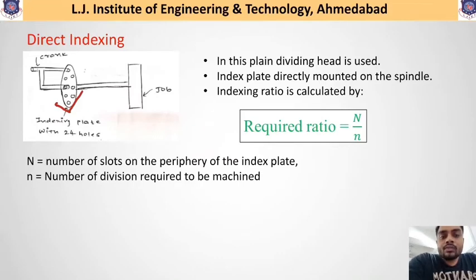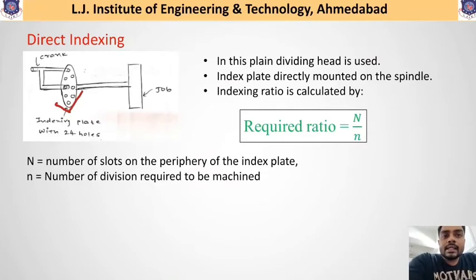For any circle there is a total of 360 degrees, and there are 24 slots at equal distance over this 360 degrees. So the angle between two consecutive holes is 360 divided by 24. Here small n is the number of divisions required to be machined on the workpiece.